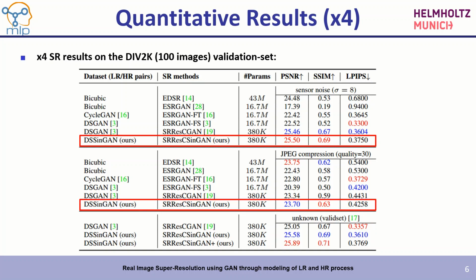Similarly, comparison is done with the JPEG compression degradation in the middle section of the table. In the bottom section, we compare our method with the unknown corruptions in the real world super resolution challenge validation set. We achieve better performance in terms of PSNR and SSIM and comparable LPIPS values.